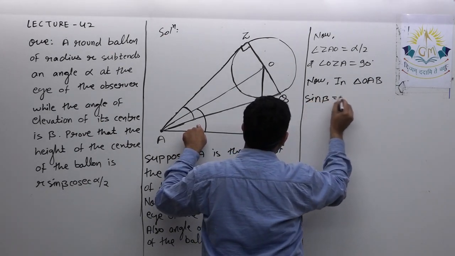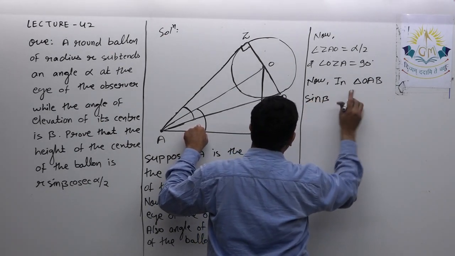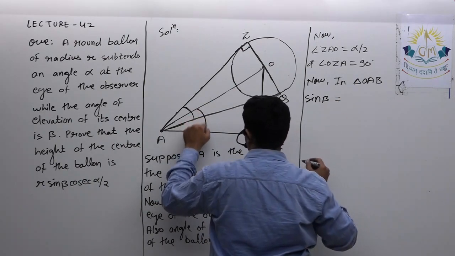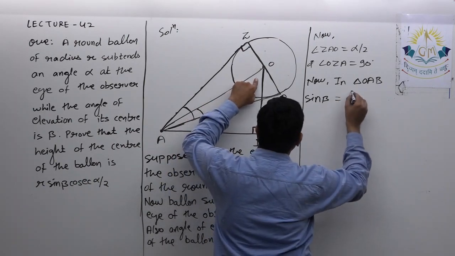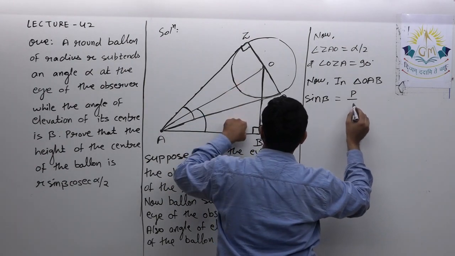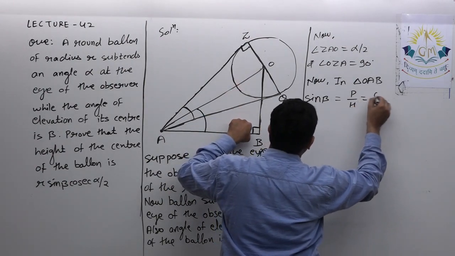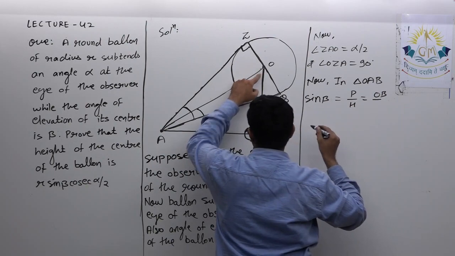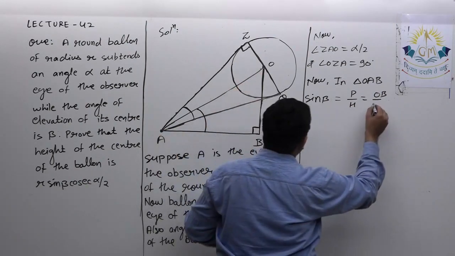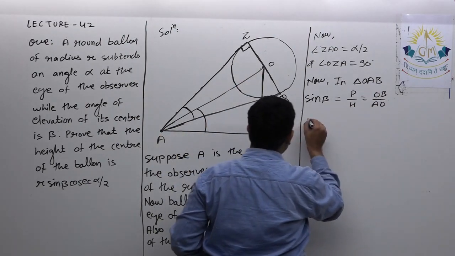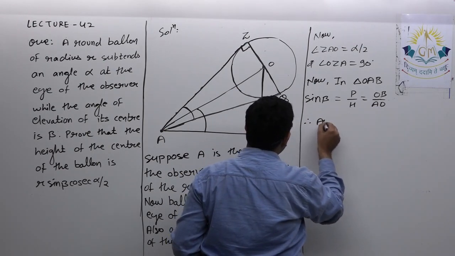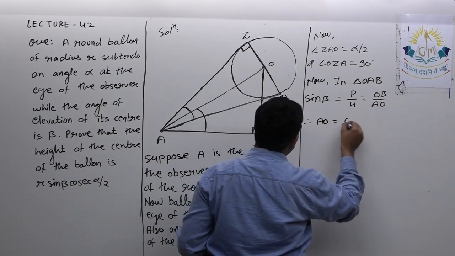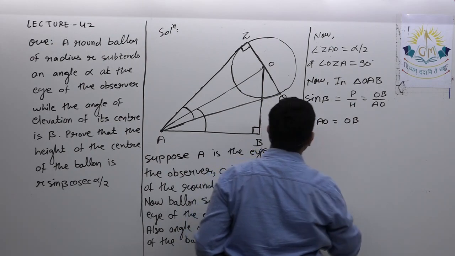Sine beta is equal to perpendicular upon hypotenuse. So for this angle beta, perpendicular is OB and hypotenuse is AO. Therefore, I can write AO is equal to OB upon sine beta.